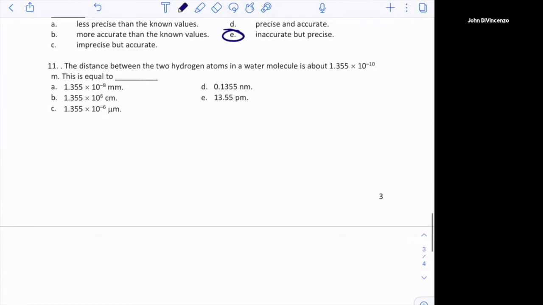Okay. The distance between two hydrogen atoms in a water molecule is about 1.355 times 10 to the minus 10 meters. This again is very similar to the previous one. This is equal to what?